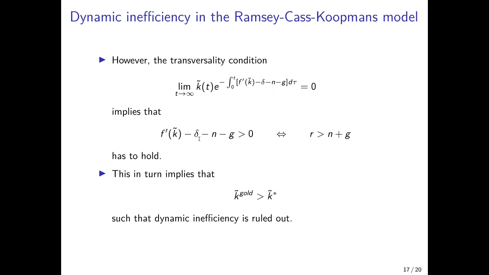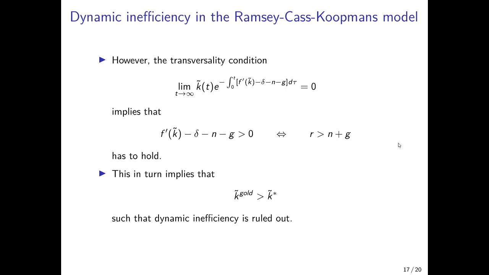The term in squared brackets is the marginal product of capital minus the rate of depreciation, which is the interest rate, and it has to exceed the rate of population growth plus the rate of technological progress. So we must have that the interest rate in the Ramsey-Cass-Koopmans model is greater than the population growth rate plus the rate of technological progress.